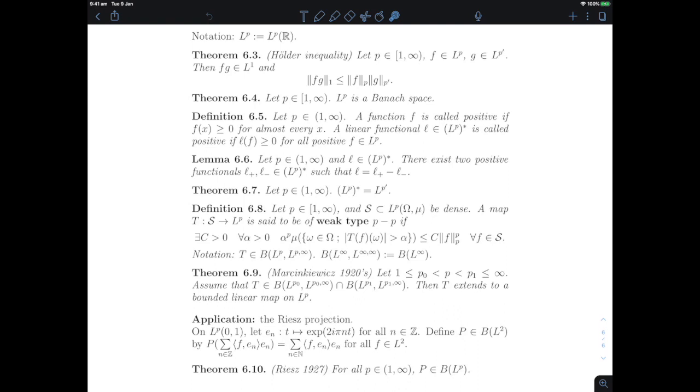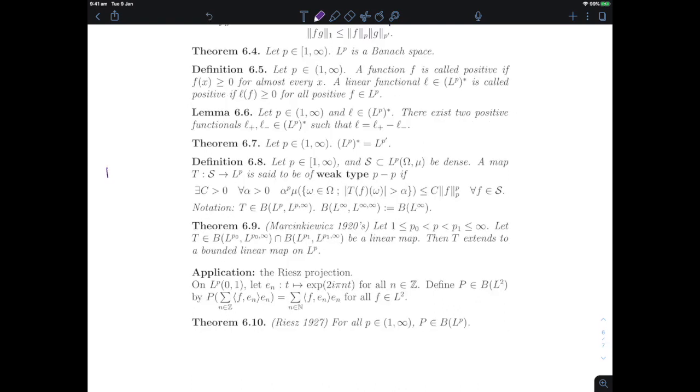Okay, now I'm saying that this is weak type, that this is weaker than being LP bounded. Let's just have a little proof of that, and then we'll see what the theorem is telling us. If you have a map T, which is, let's say, a bounded linear map on LP, then I claim that this implies that T is weak type P,P. And why is that?